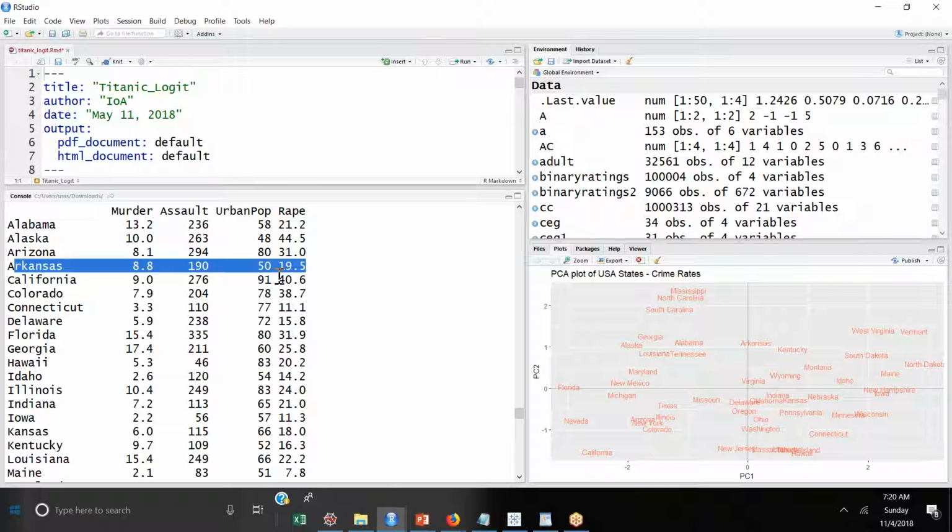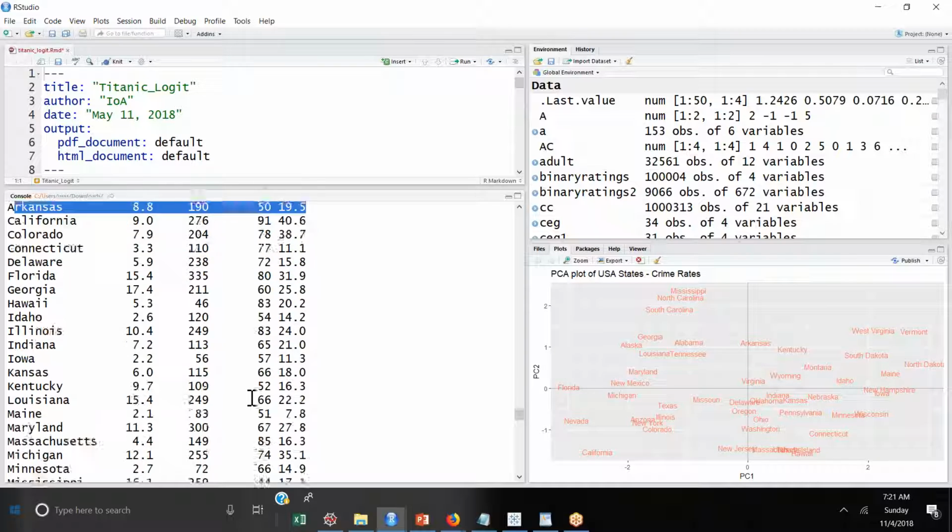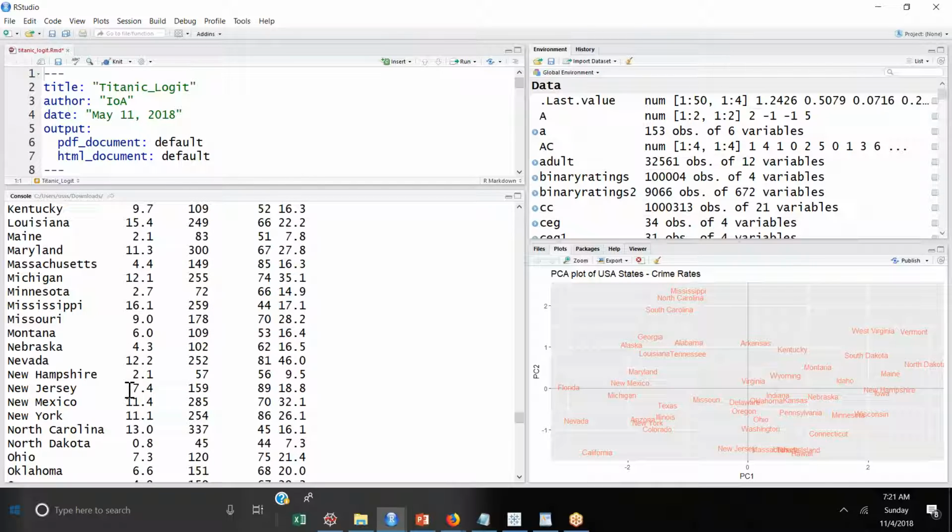I'm noting down all four because the whole data is supposed to be represented by these two dimensions right now. And then the other one is New Jersey. What does New Jersey say? New Jersey says 7.4, 159, 89, 18.8. Okay.